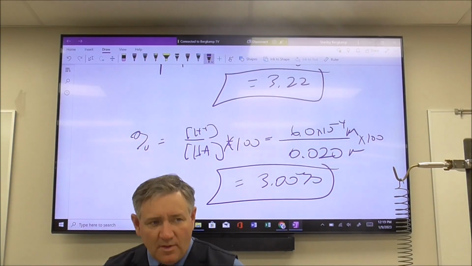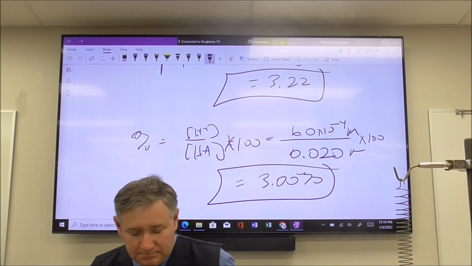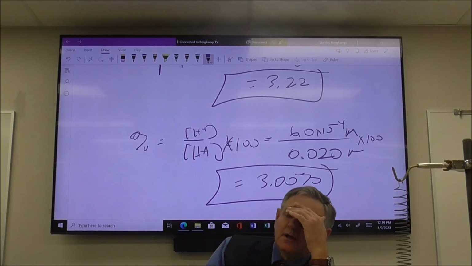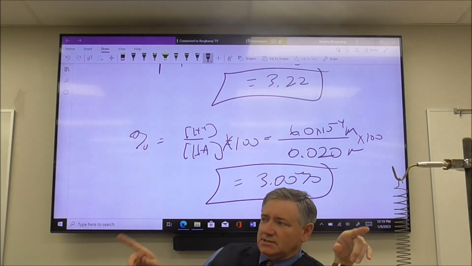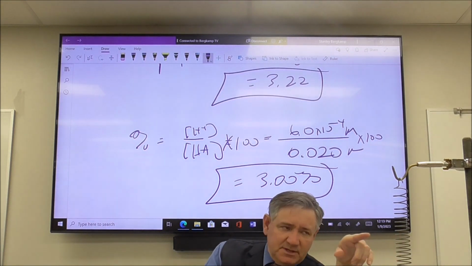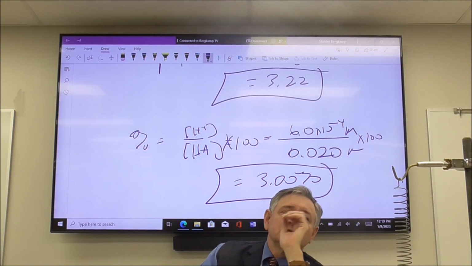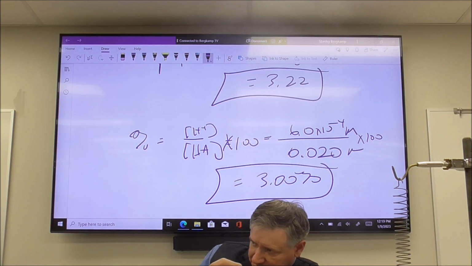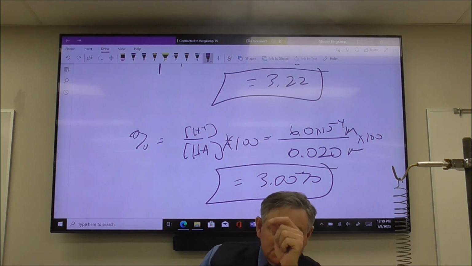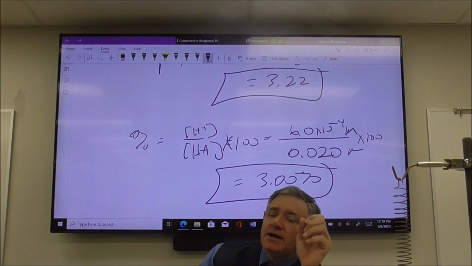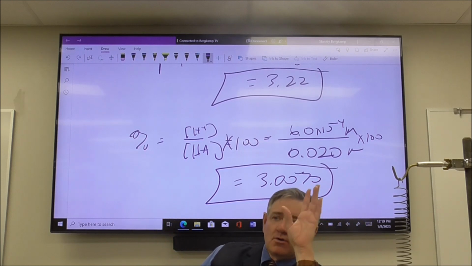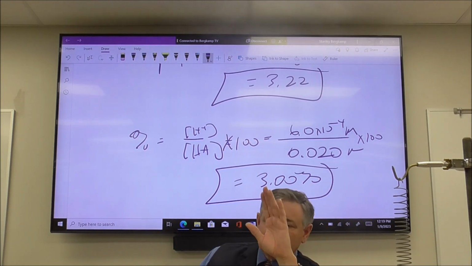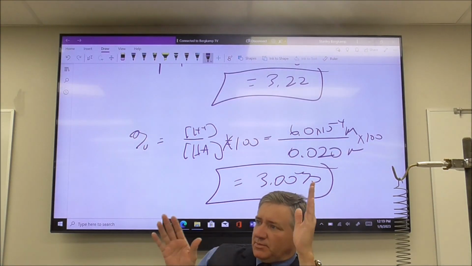What that means is if you were a couple and you go to prom, that means that 3% of the time you're going to be ionized. 97% of the time you're going to be existing as a couple. By definition, what makes something a weak acid is that it doesn't ionize very much. When you look at weak acids, you talk about where the equilibrium lies.